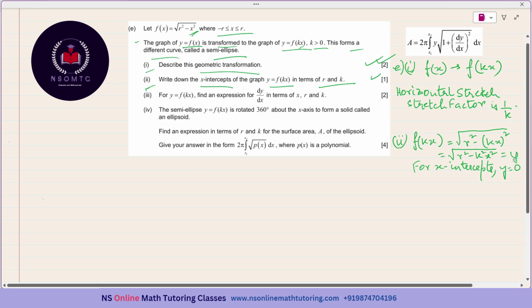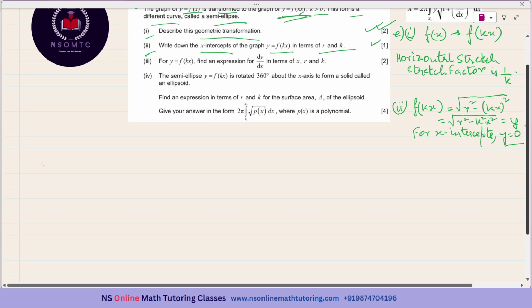And this is nothing but y, because y equal to f of kx. So y is equal to square root of r square minus k square x square, and y is equal to 0 for x-intercepts. So therefore, square root of r square minus k square x square is equal to 0, or r square minus k square x square is equal to 0, taking the squares of both the sides. And now k square x square is equal to r square, or x square is equal to r square over k square.